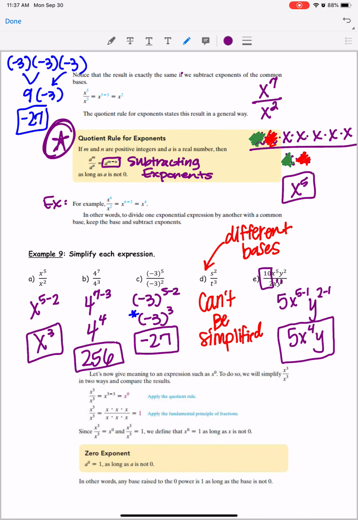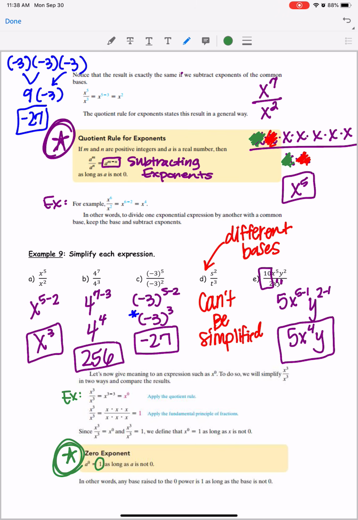All right, we have one more rule that we're going to go over, and it's our zero exponent rule. The zero exponent rule states anything to the 0 power is always 1. And they show you that right here.